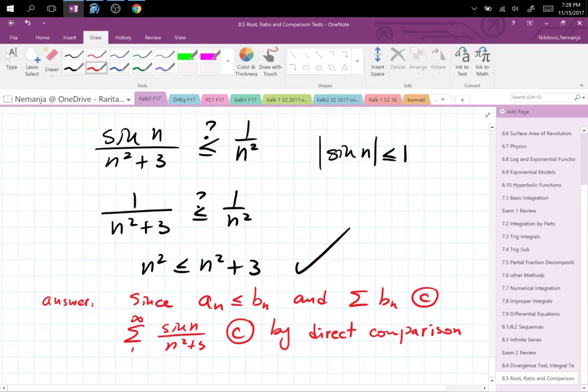We compared the sequences and we have the condition fulfilled. Since everything worked out just fine, we have convergence.